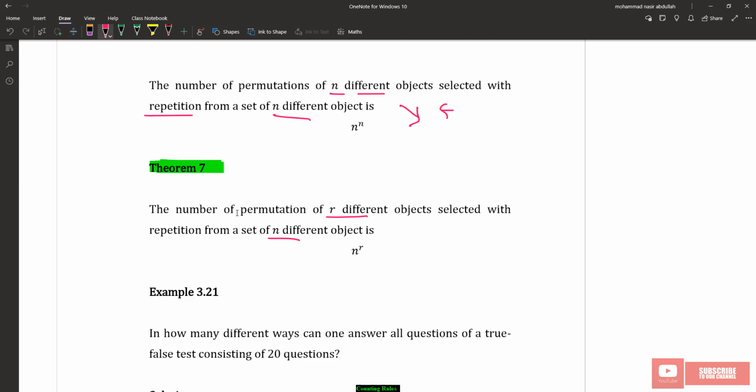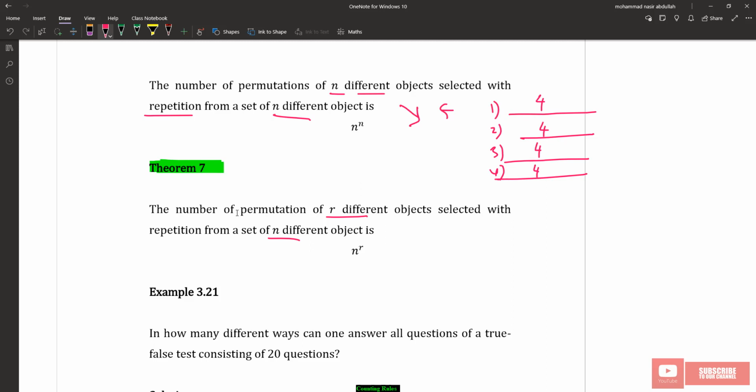I have 4 questions for you, 1, 2, 3, 4, multiple choice. For the first question, you have 4 options. Second question, you also have 4 options. Third question, you have 4 options, A, B, C, D. And the fourth question also has 4 options, whether A, B, C or D.